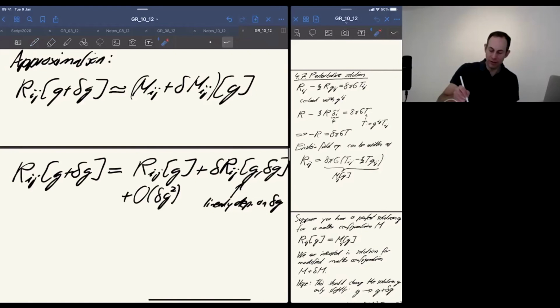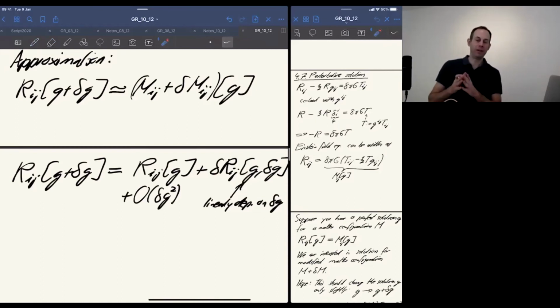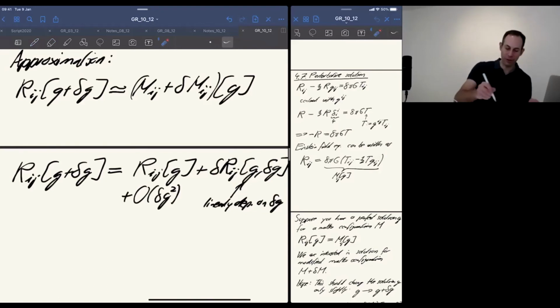So here, when I say the metric enters, what actually will enter is the metric, the derivatives of the metric, and second derivatives of the metric. And I will always only take linear terms in these. So I will not consider, for example, a term where the derivative of the metric enters quadratically. That's all captured by this part.